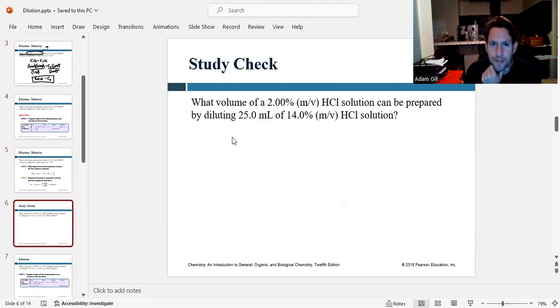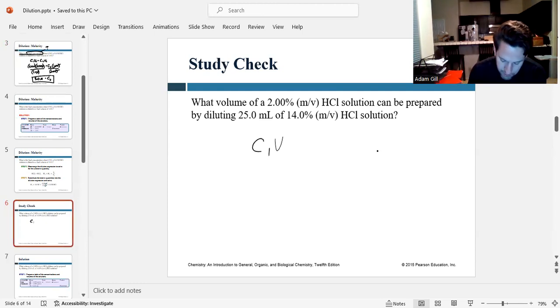Let's do another one. What volume of a 2% M over V HCl solution can be prepared by diluting 25 milliliters of a 14% solution? Well, we're going to use the same equation, C1V1 equals C2V2.